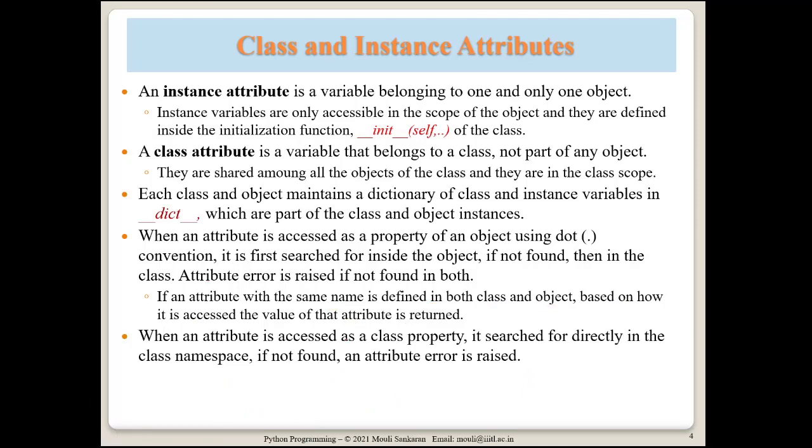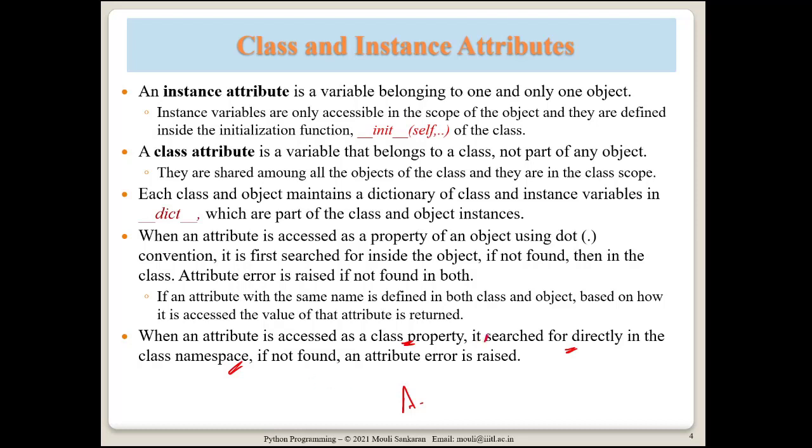When an attribute is accessed as a class property, that means you are using a class label, or you have not created an object copy of that particular class variable, then it is searched for directly in the class namespace. If you are accessing it with a class name, it will not look into the object dictionary at all. It will directly look into the class dictionary and give you whatever value is stored there. If not found, of course, an error is raised.